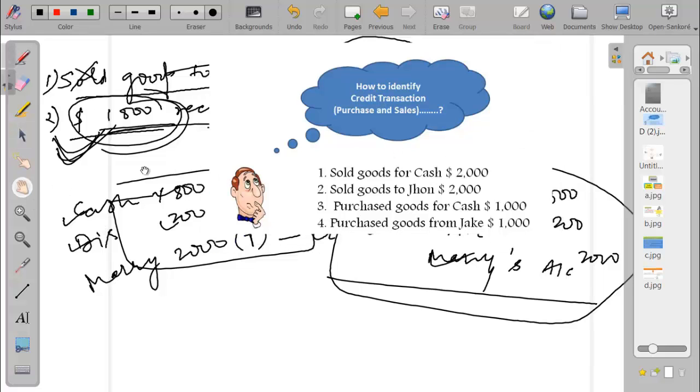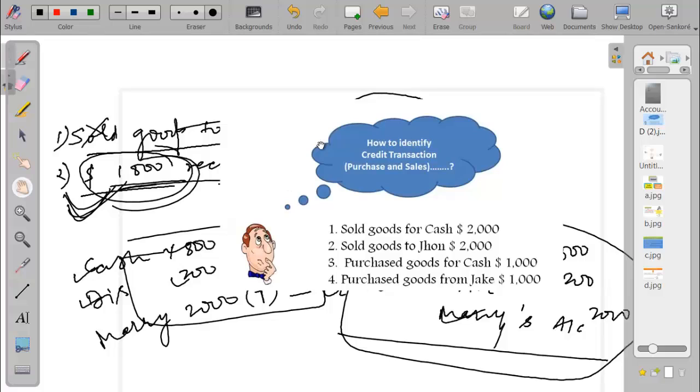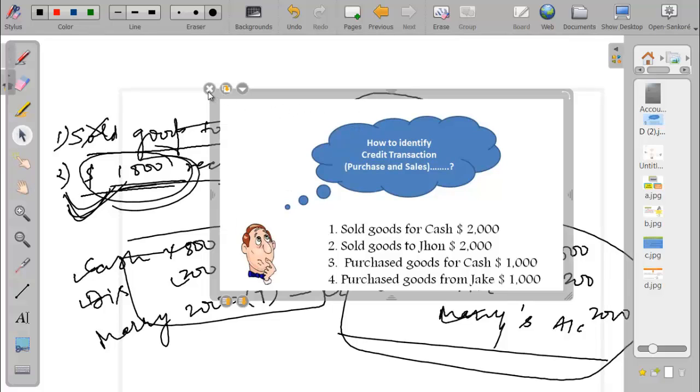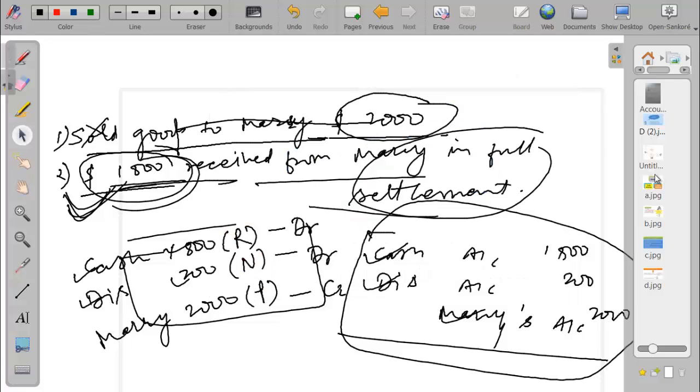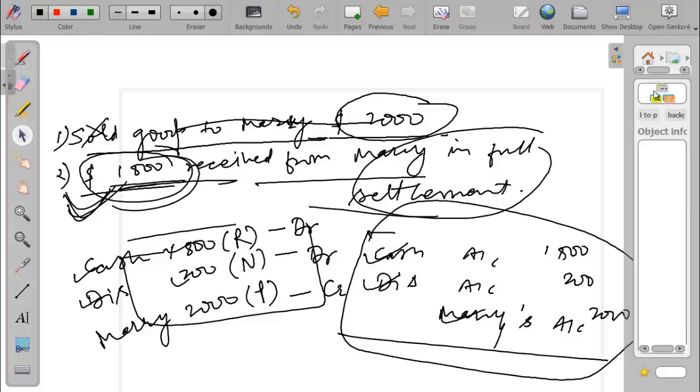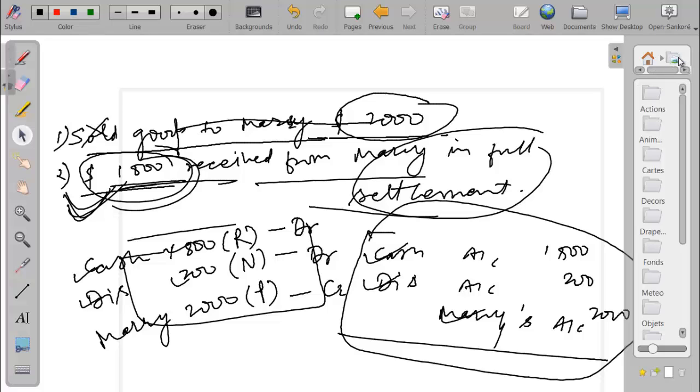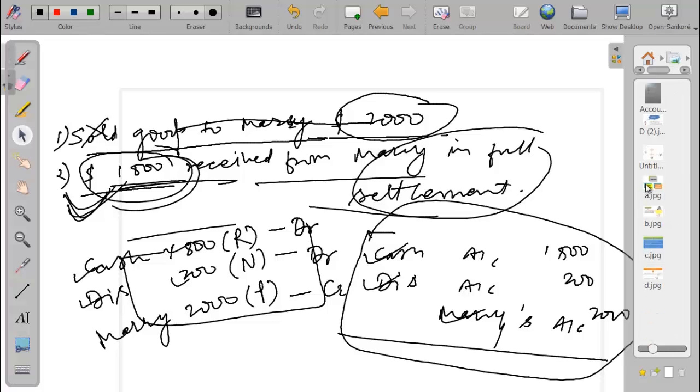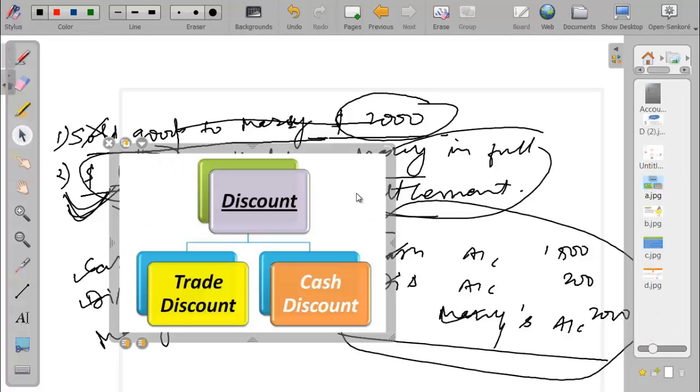Then after that I explained the trade discount and cash discount. I explained that, no? Not getting my point. I explained this trade discount and cash discount. Okay?